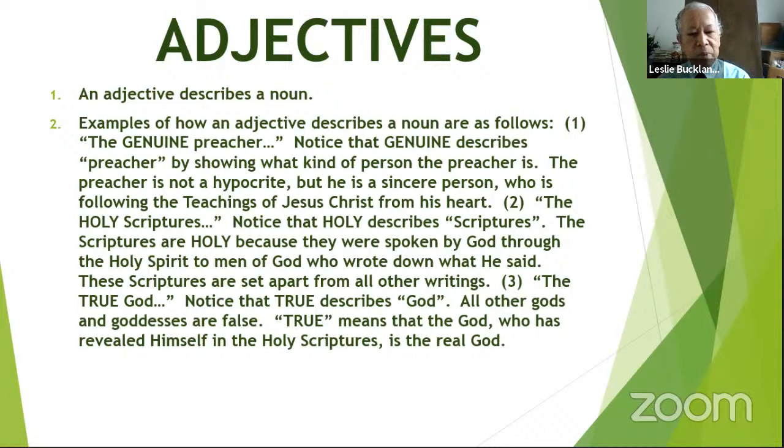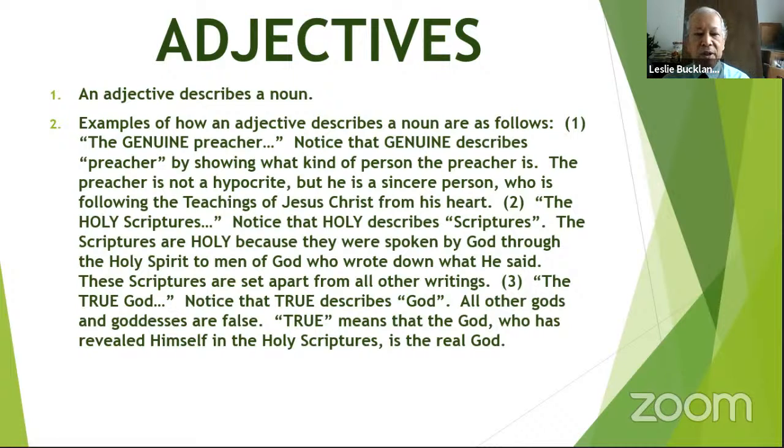Just because some people think they exist and believe they are real and do things for them doesn't therefore mean that they are real. True means that the God who has revealed himself in the Holy Scriptures is the real God, the only real God that there is.